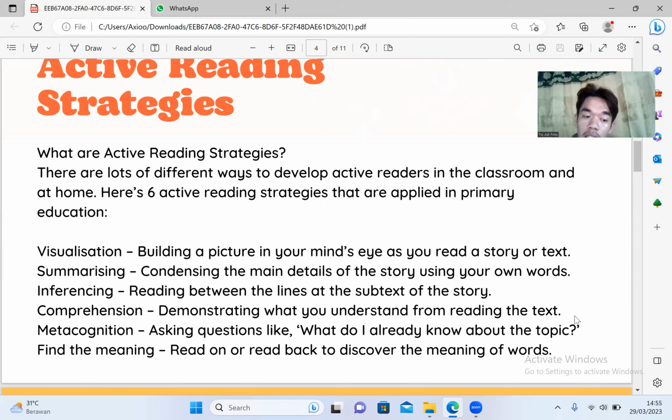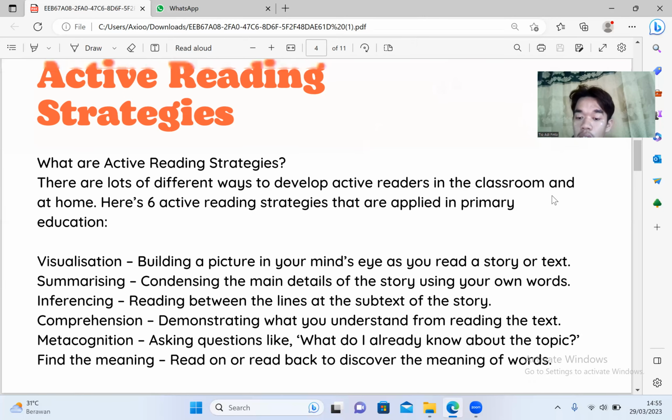And the fourth is comprehension, demonstrating what you understand from reading the text. And the fifth, metacognition, asking questions like, what do you already know about the topic? And the last is find the meaning, read or read back to discover the meaning of the word.